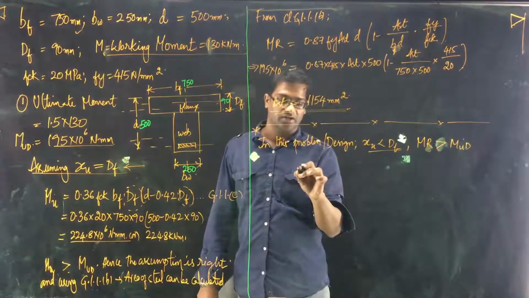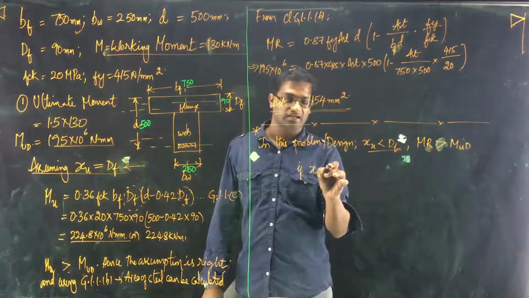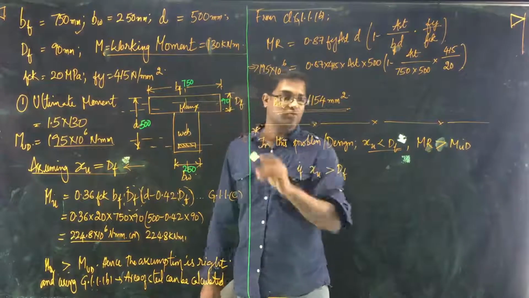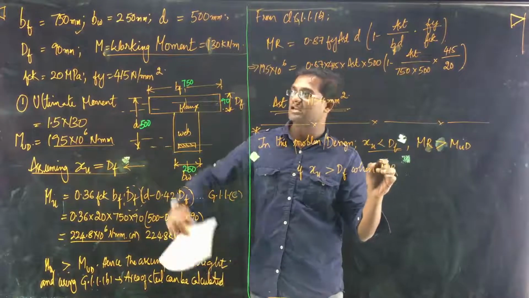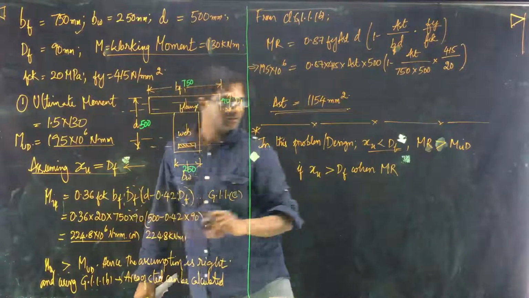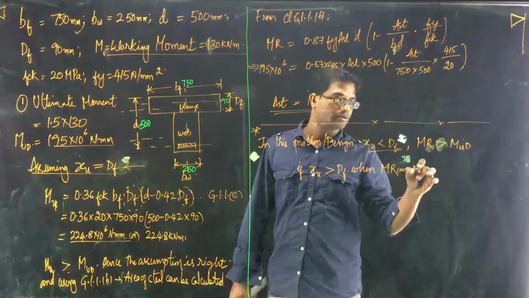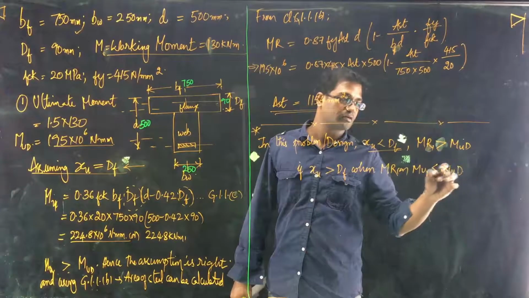For example, if XU is greater than DF, which means the neutral axis has come down, then the moment of resistance calculated, MU1, is less than the design moment.